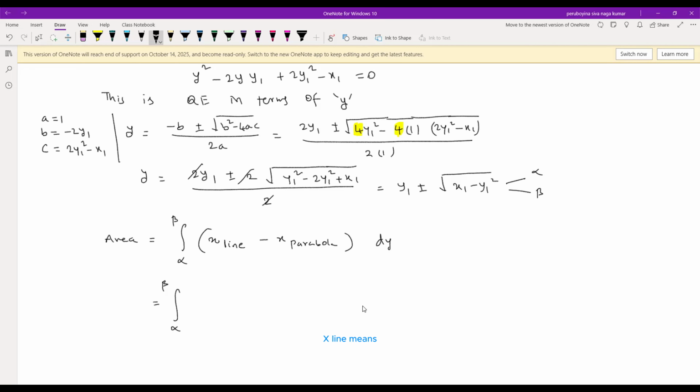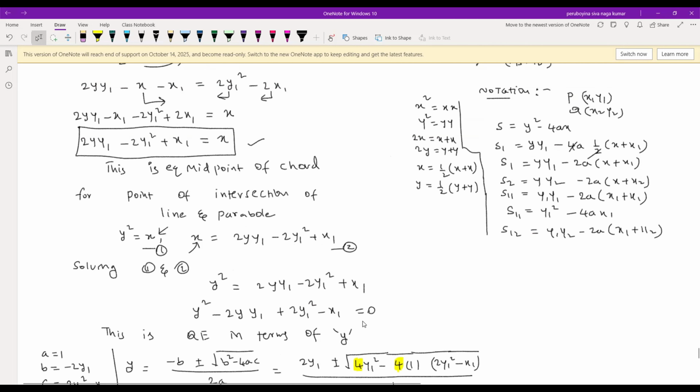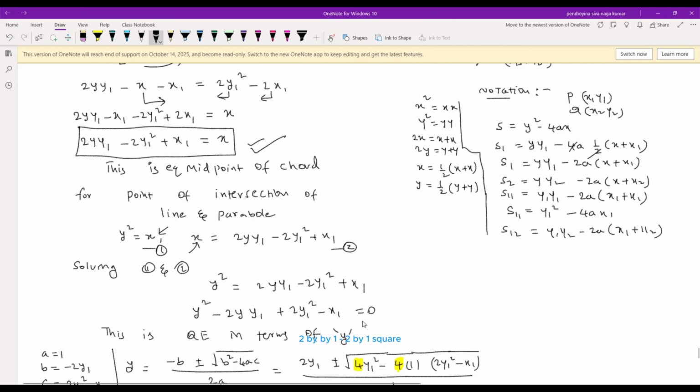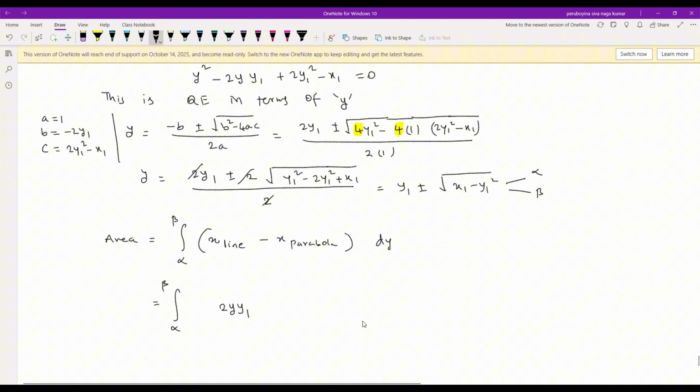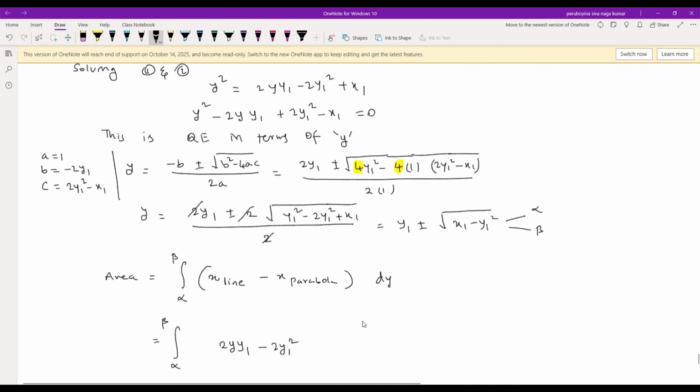X line means, so we have here, copy this entire equation, 2y y1 minus 2y1 square plus x1.